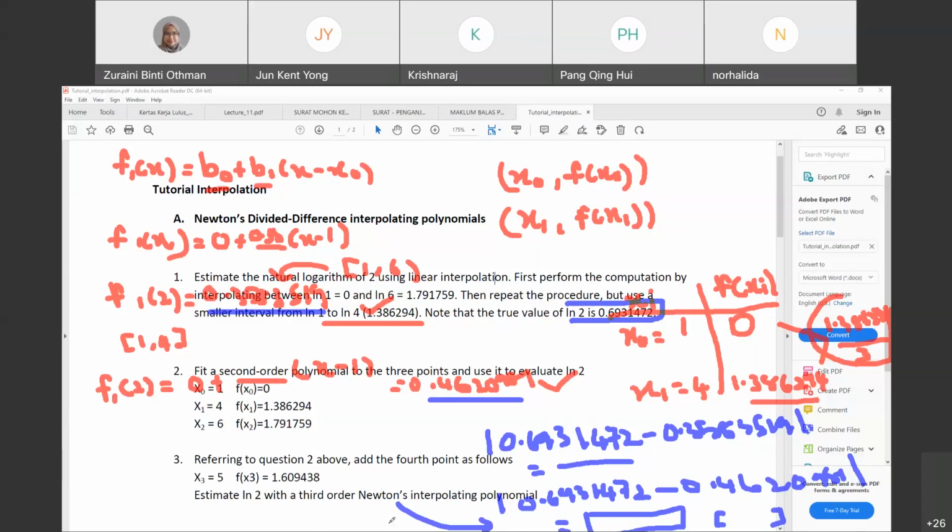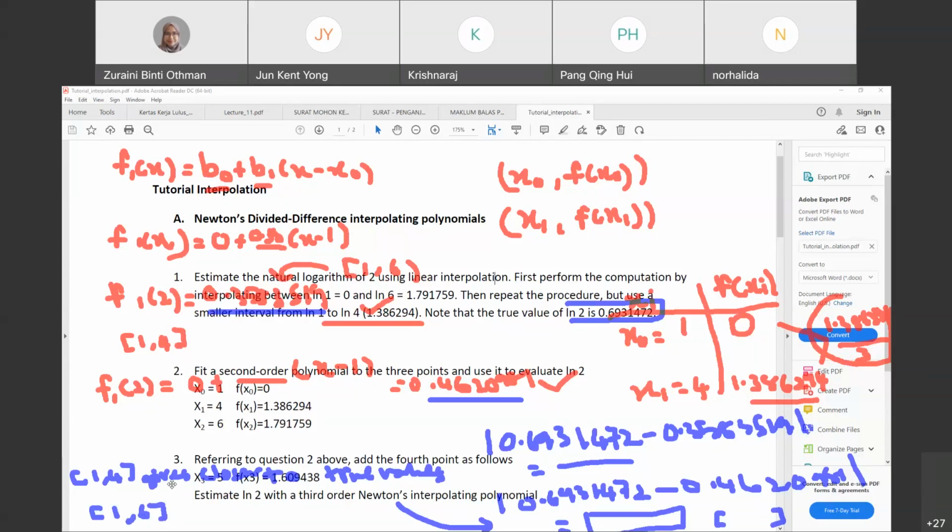We can conclude that interval 1 gives a closer value to the true value compared to the interval 1, 6. We have to conclude that.